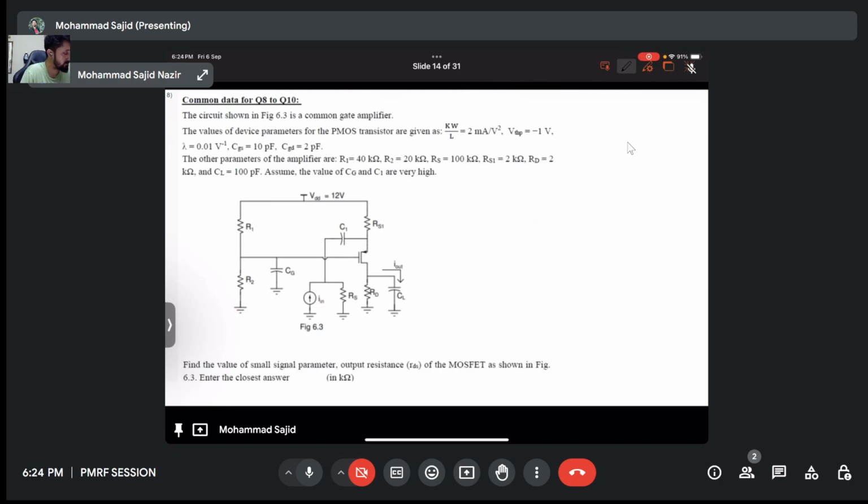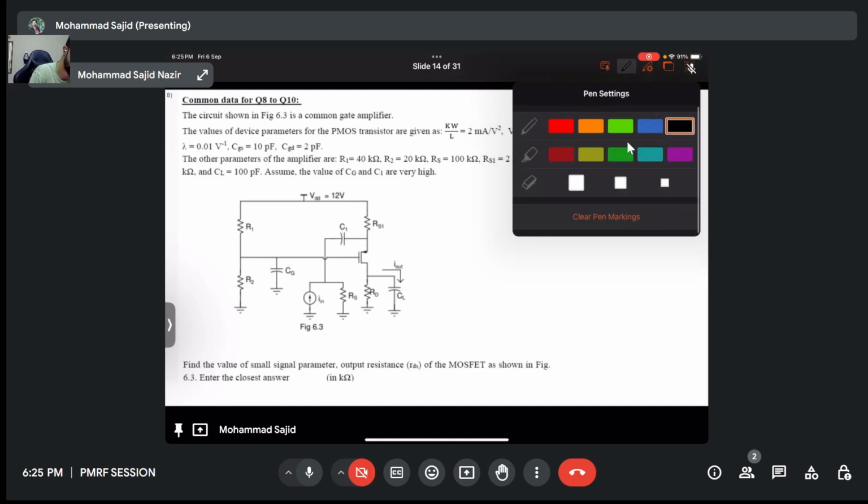You have this transistor. The circuit shown in the figure is a common gate amplifier. Common gate is usually used for such applications. It is like this.